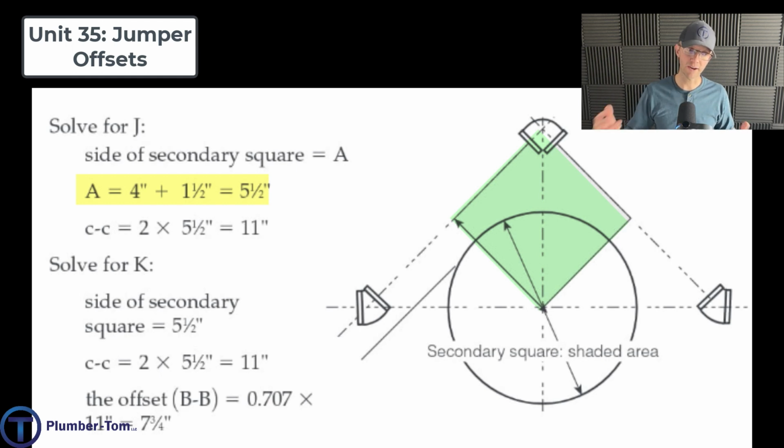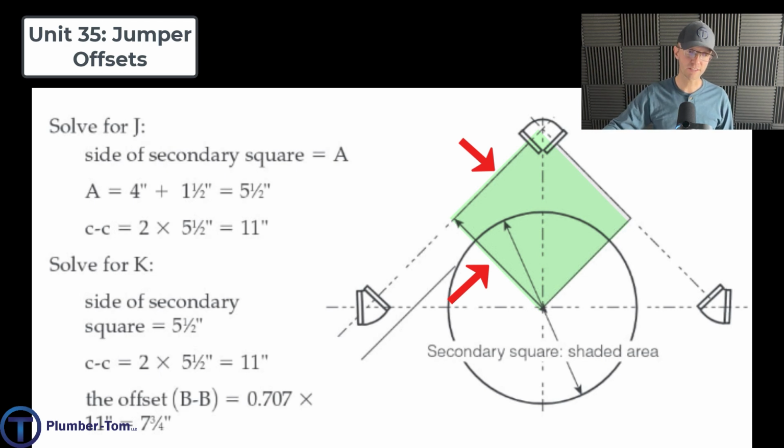That was 1.5. We had 5.5. Now, what do you know about a square? A square has the same length sides all the way around, which means that if this side is 5.5, then so are all of the other sides.